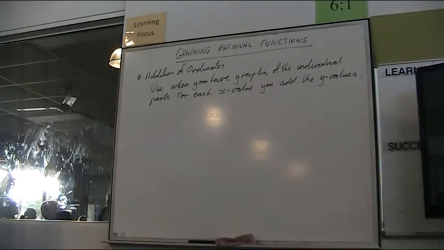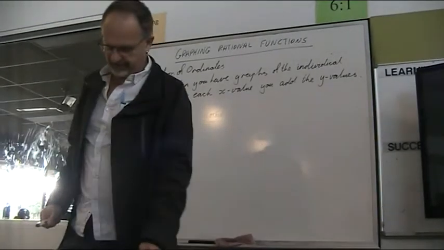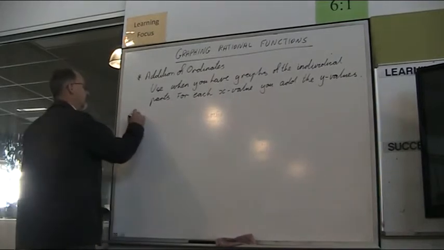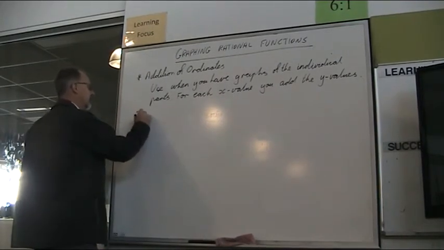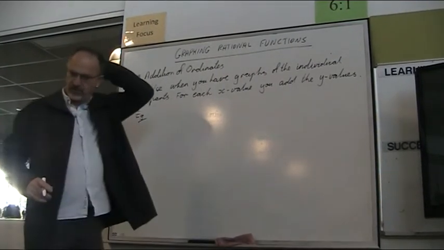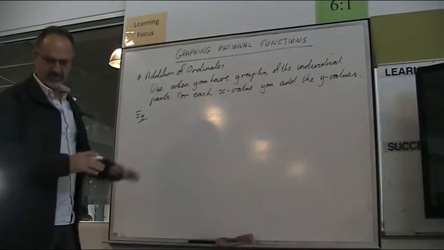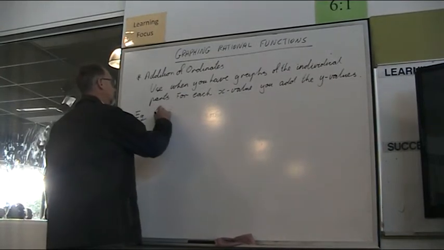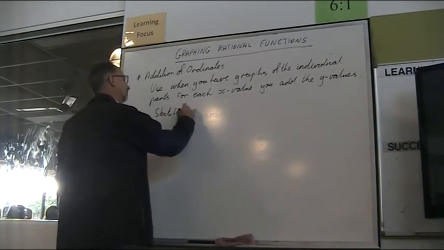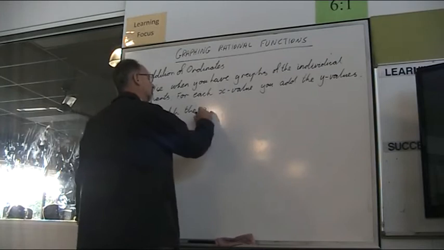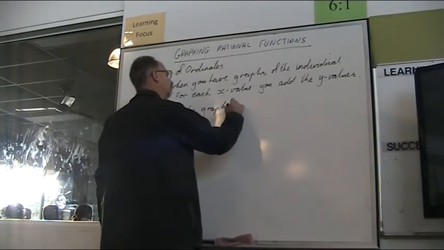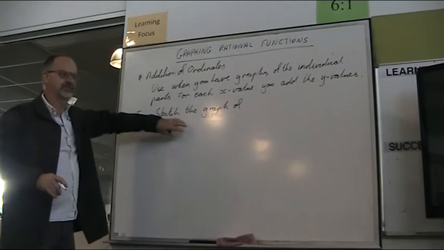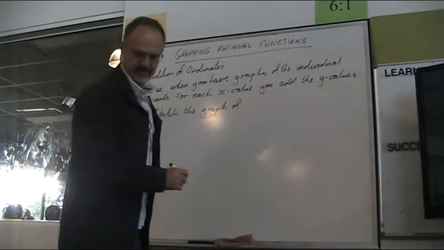Alright, so this example that I'm doing is very, very similar to something that was on a recent exam. It was structured differently to this, in that there was a part before this particular bit.